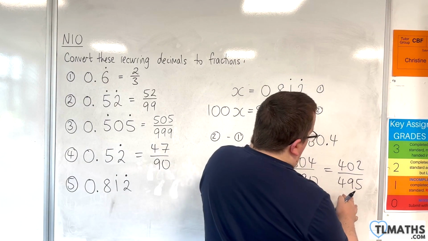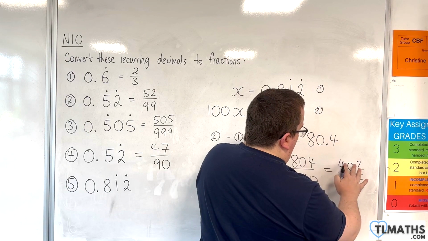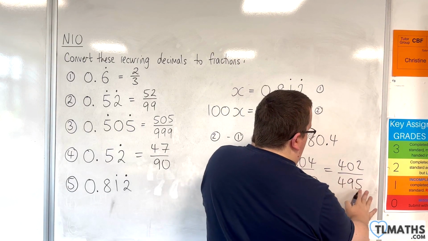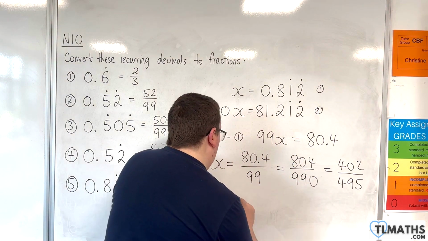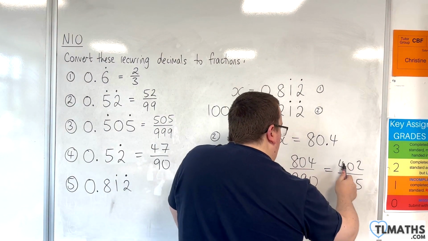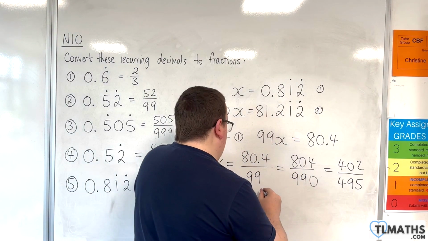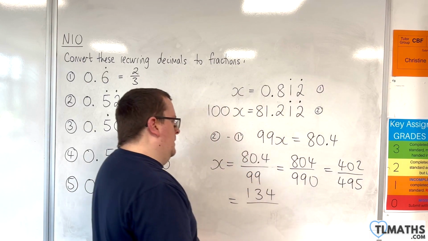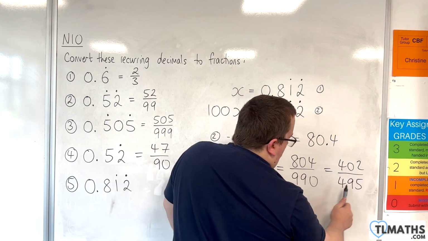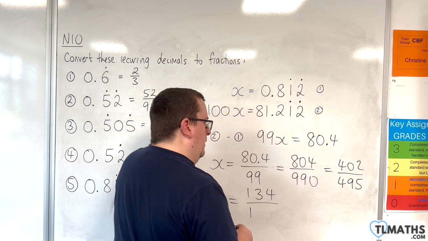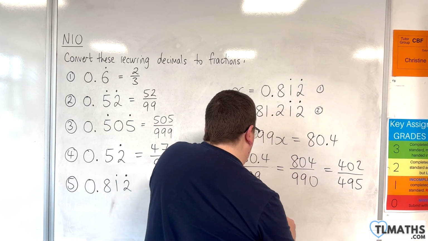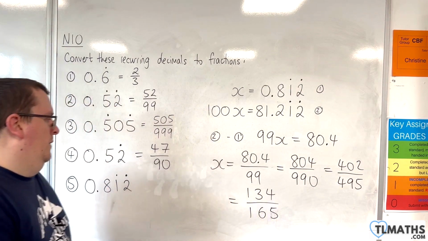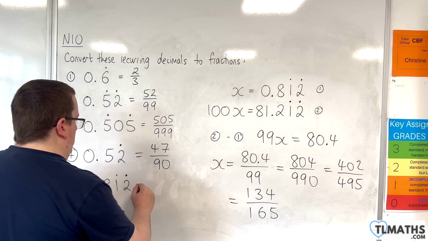Now, can that be simplified any further? Now that's divisible by 3 and that's divisible by 3, so dividing the top through by 3 we're going to get 134, and dividing the bottom through by 3 we're going to get 165, and that's as far as we can go, I think.